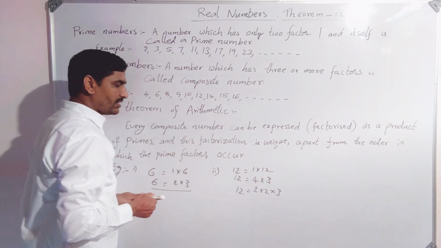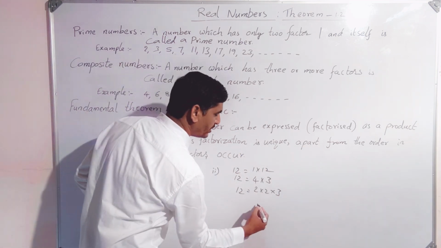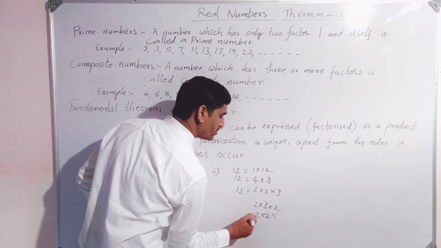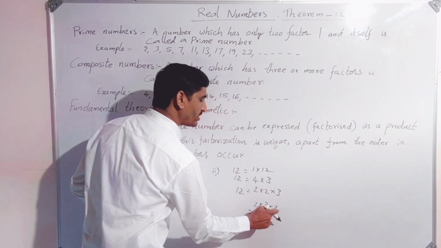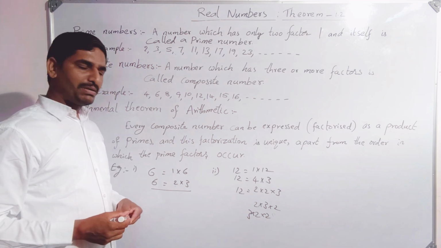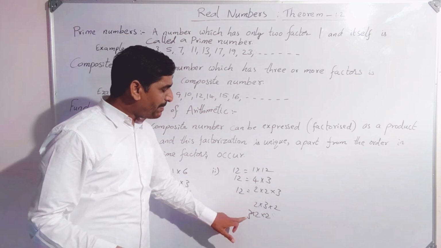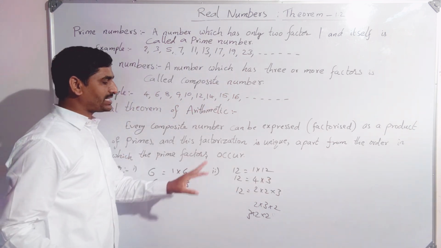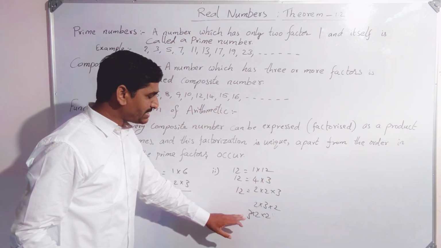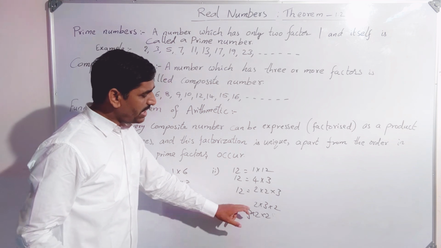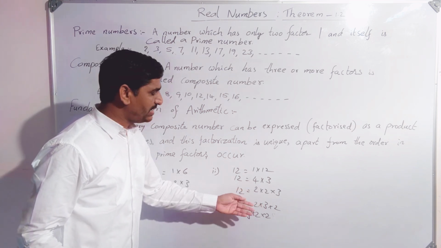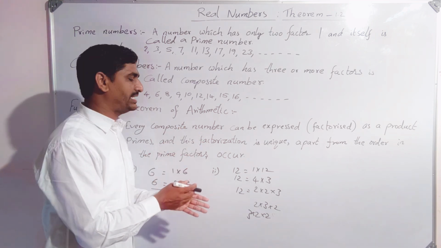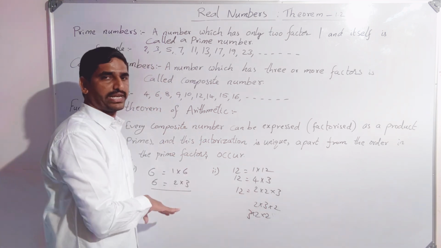Whatever it is, 2 into 2 into 3, 2 into 3 into 2, 3 into 2 into 2, it can be written. Apart from the order in which the prime factors occur. Order is not mandatory, but if we write in order, then it's very easy to identify. Irrespective of the order, we can write.